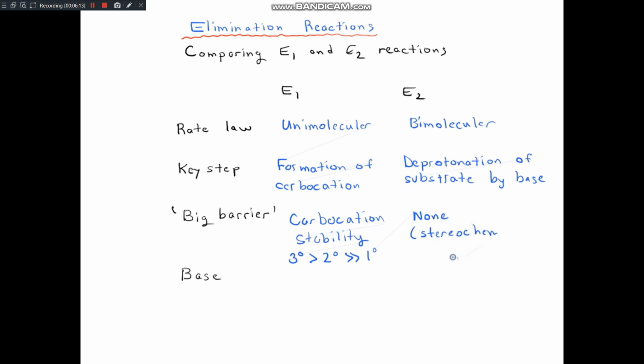But the stereochemistry matters. It has to be anti-periplanar.